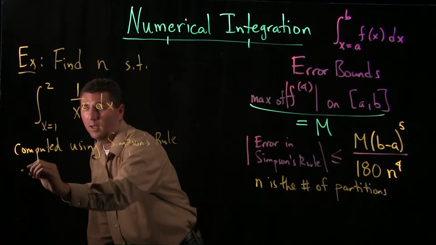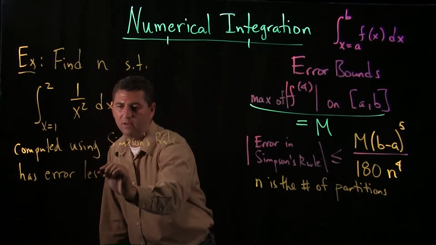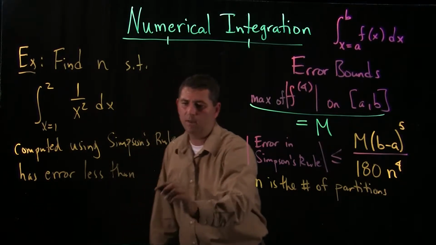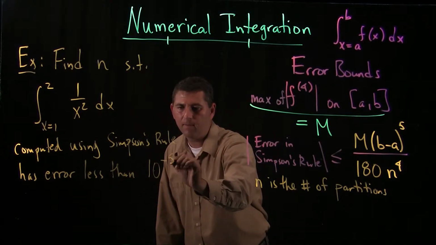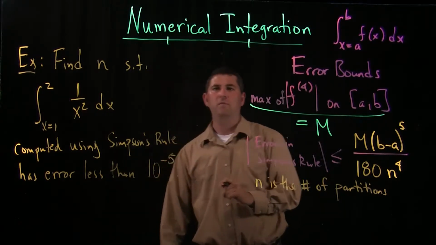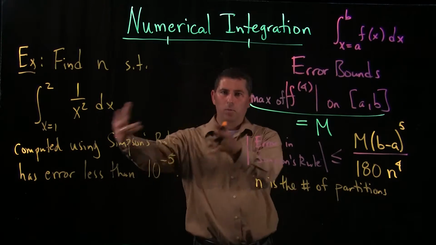So, has error less than 1 over 10 to the 5th, or 10 to the negative 5th, if you like. Okay, that's what we want to do. Maybe we'll clean this up, and then we'll work this example.